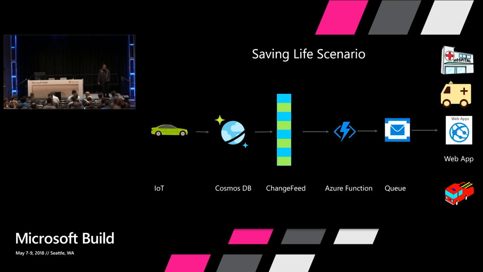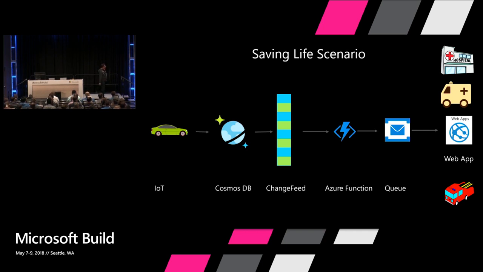And today, this scenario is already implemented by Toyota. They have 250,000 or maybe more cars running, with data continuously sent to Cosmos DB. And then we are listening on the change feed using the Azure function. If an accident happens, we will know within a minute.